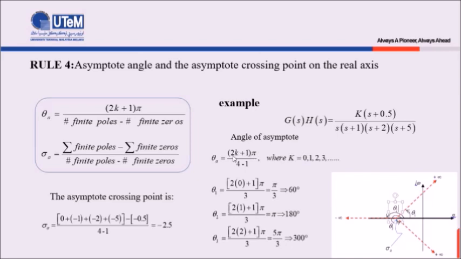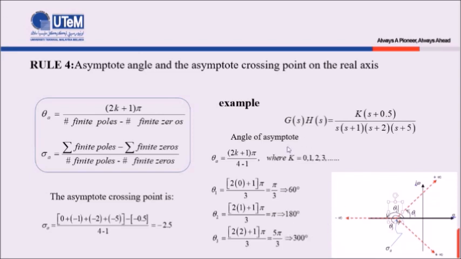If k equals 0, we get theta 1 equal to pi over 3, which is 60 degrees. Next we put k equal to 1, and we get theta 2 equal to pi, which is 180 degrees. And theta 3 we get 300 degrees.